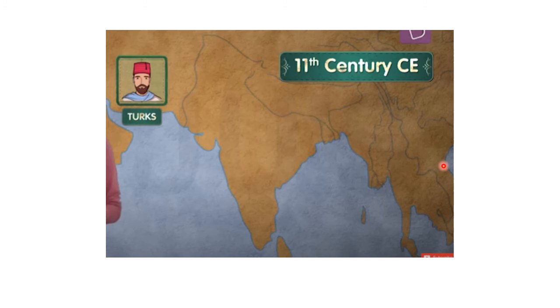His main intention was to come, attack India, loot its wealth, and take it back to Ghazni, which was in Afghanistan, and beautify his own city. So he was the one who first tried to come into India through the mountainous passes in the northwest part of our country.